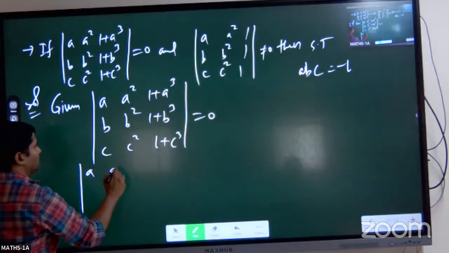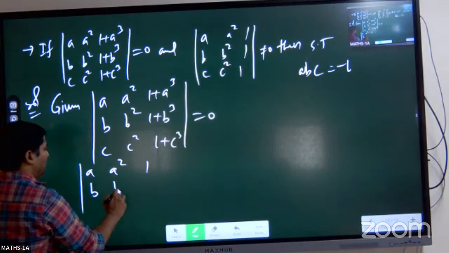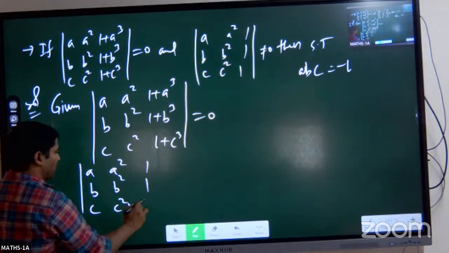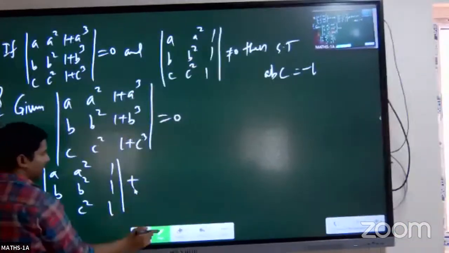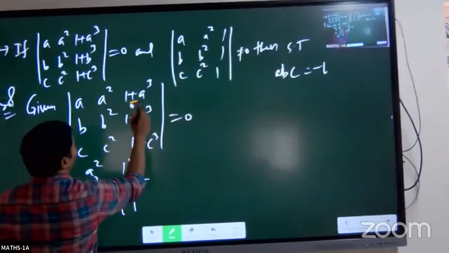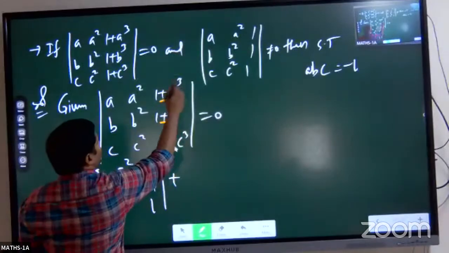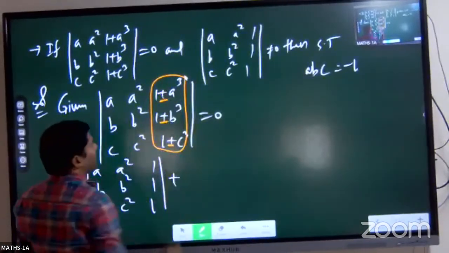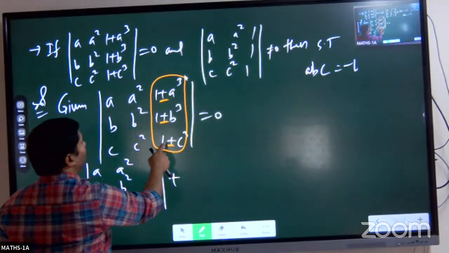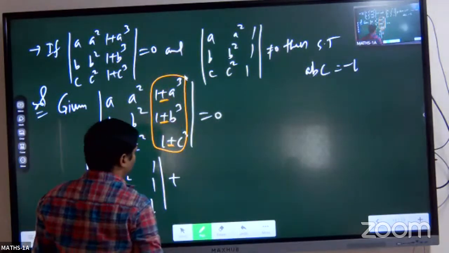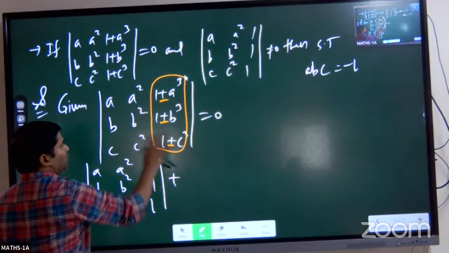That is A square 1, B square 1, C square 1 plus, because I'm having plus in between them now. See here, I'm having plus, plus, plus. So you are going to split the determinant for the third column. Is it clear? Like sum of two determinants.